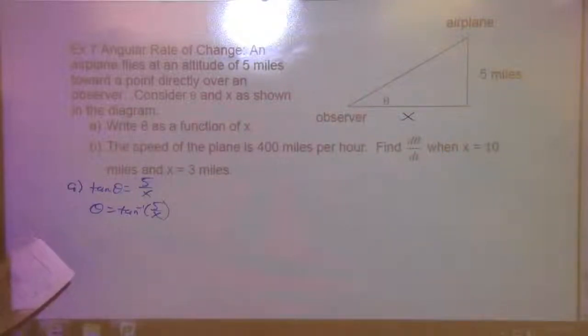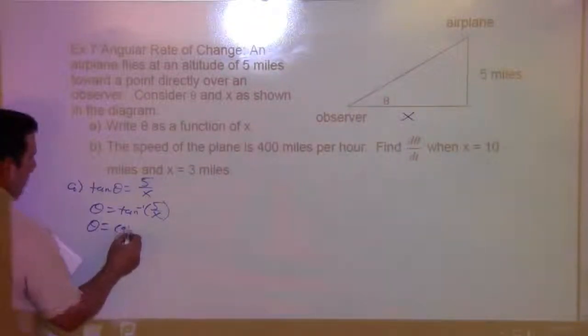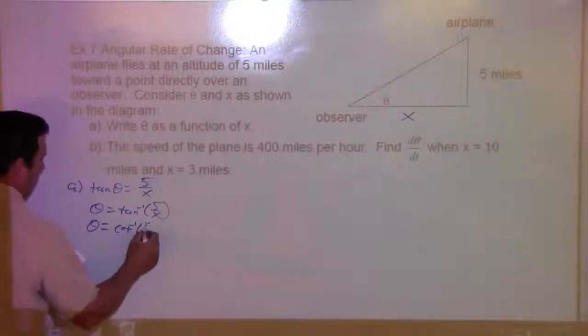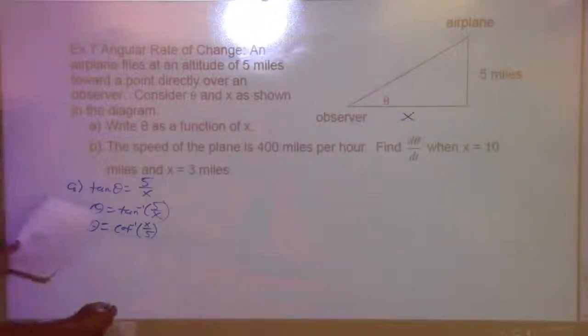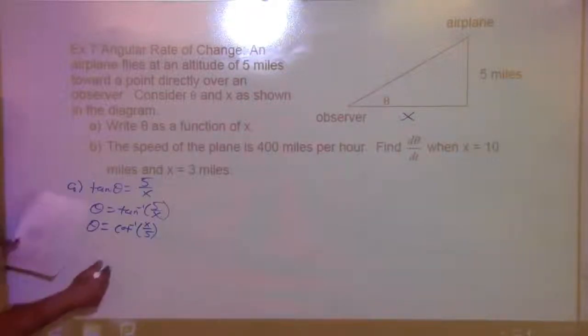Then part B says the speed of the plane is 400 miles per hour. Find d theta dt when x is 10 miles and x is 3 miles. So how's the angle changing?